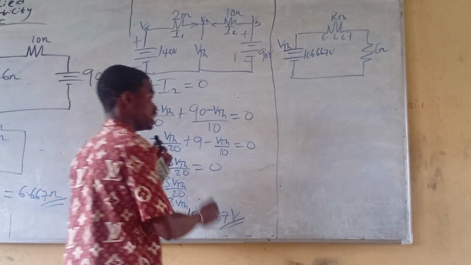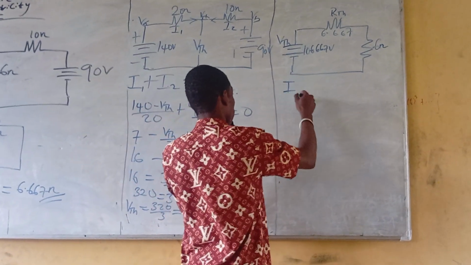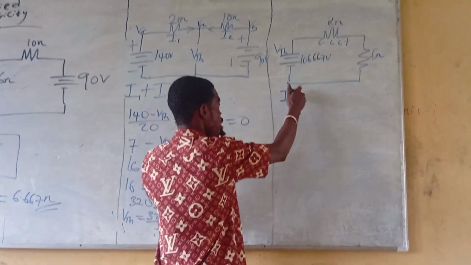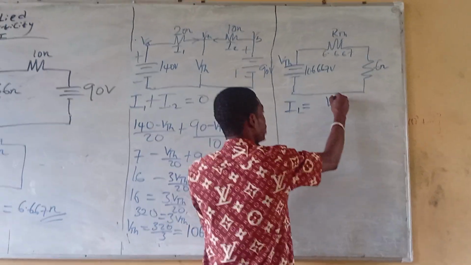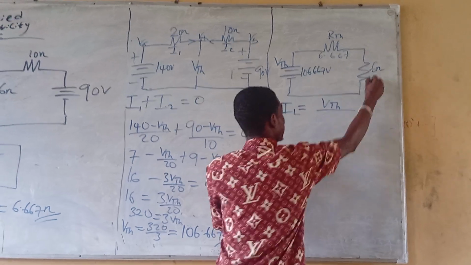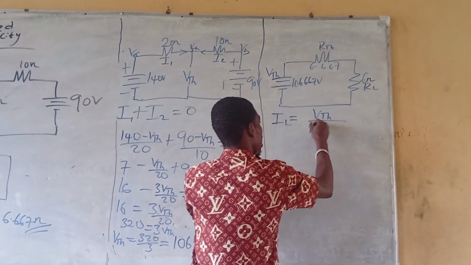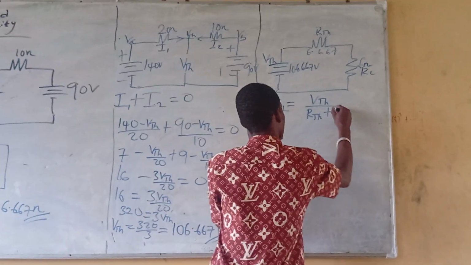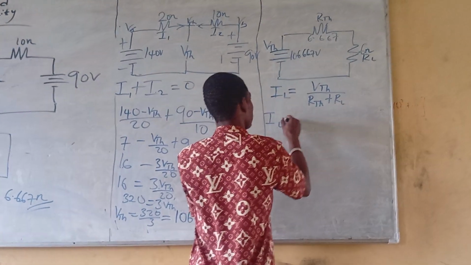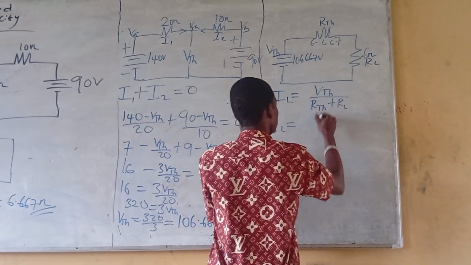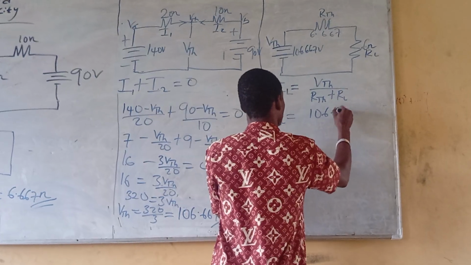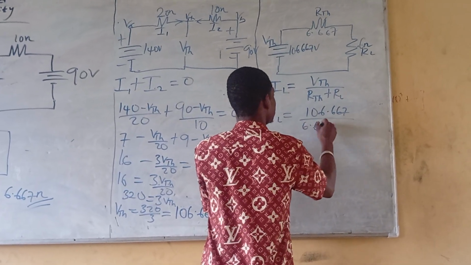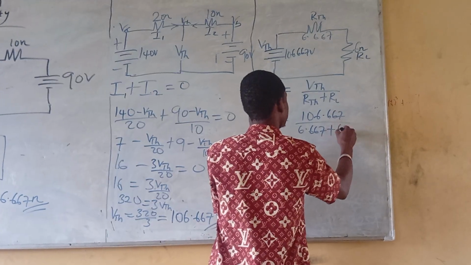So how do we go about this? Recall I gave you a simple formula to calculate the current flowing through the load: IL equals VTH divided by RTH plus RL. VTH is 106.667 divided by 6.667 plus 6.